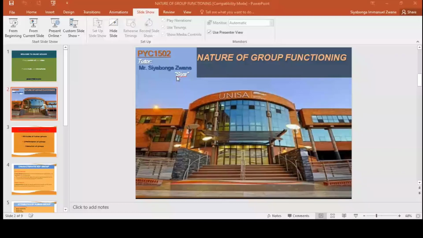For instance, you as a psychology student, what elements make your group? What characteristics do you share? You are doing the same course, and you intend to achieve one thing, that is to become a psychologist. So we can say that those are the key elements that make up a group of psychology students.